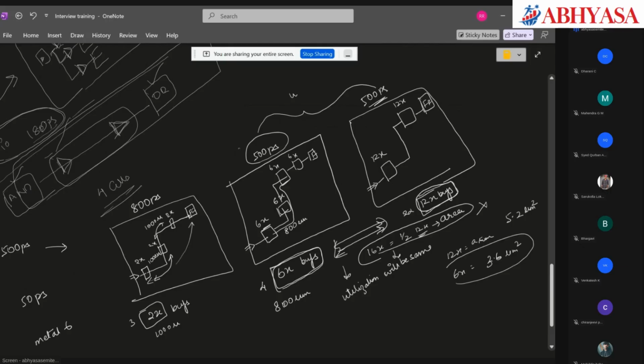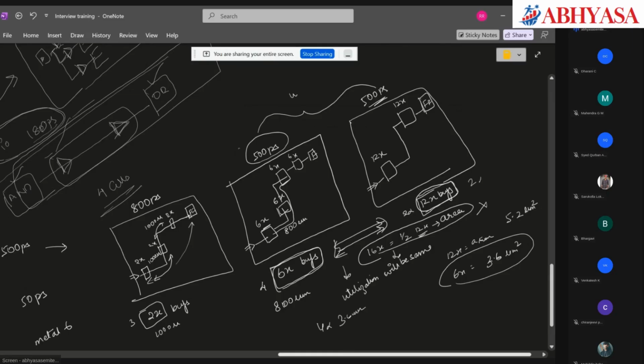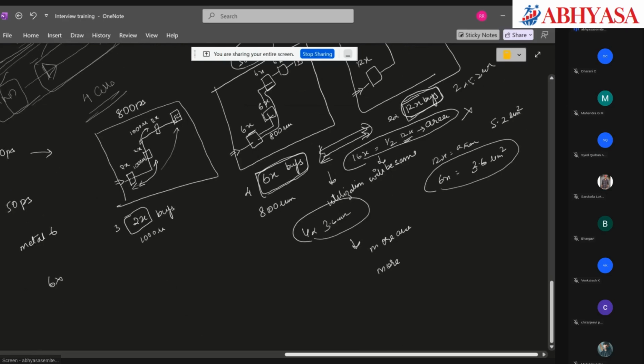Then clearly 6x is not half of 12x, right? In that case, I have 4 into 3.6 micron square area consumed. Here 2 into 5.2 micron square. So definitely this is consuming more area and therefore more utilization.